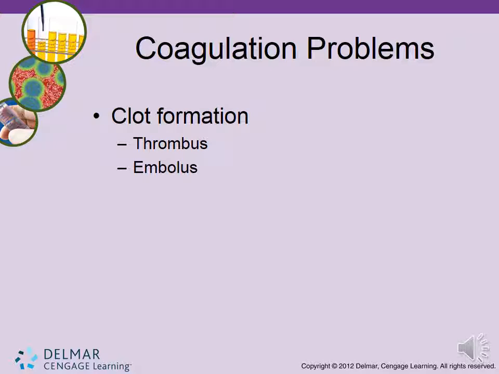The term thrombus means clot, and the term embolism or embolus means obstruction. You can put those two terms together: thromboembolism, and that means there are blood clots caused by damaged vessels, or heart valves, or overactive coagulation that can result in a clot being transported to another location in the body, which can cause obstruction away from where it formed.